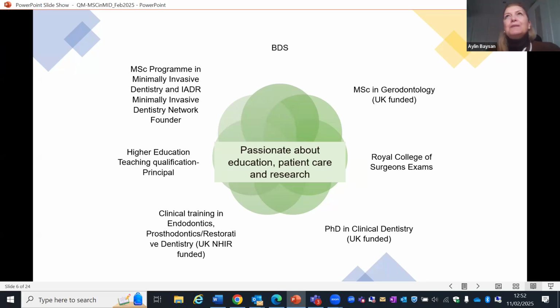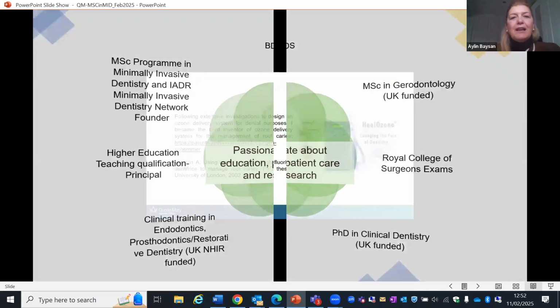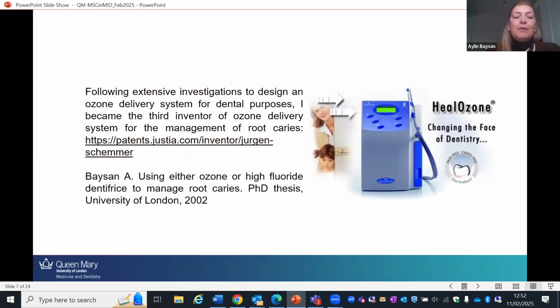For me, this program is not only, of course, minimally invasive dentistry, but is like lifelong learning as well, and progression. So my PhD was, again, I'm very fortunate, that I was the first investigator in the world for that high fluoridated toothpaste to be used in root caries.